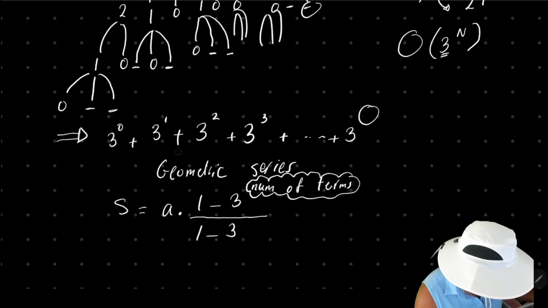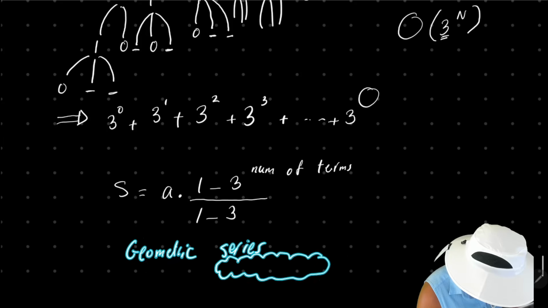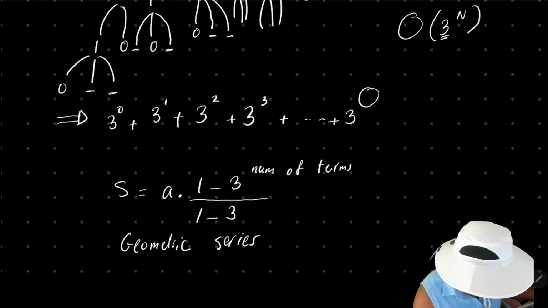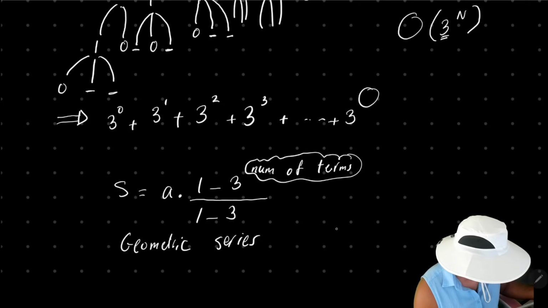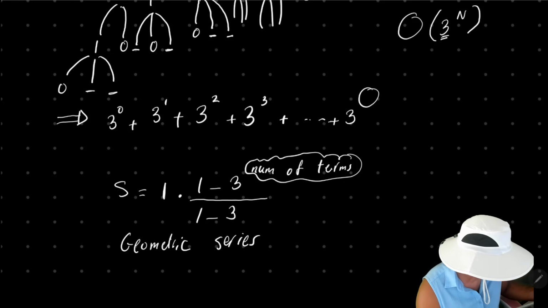I think I need to move this a little bit. Okay, it's called geometric series. Number of terms. Okay, so A here represents the first term, so I'm gonna just put 1. That's the first term.